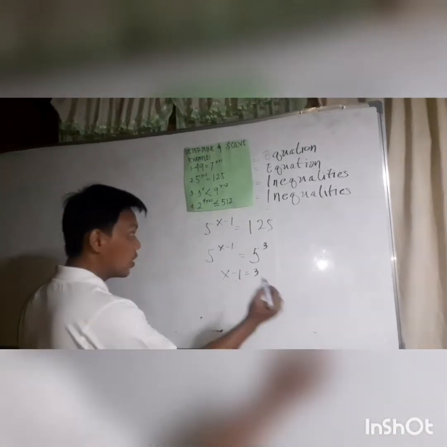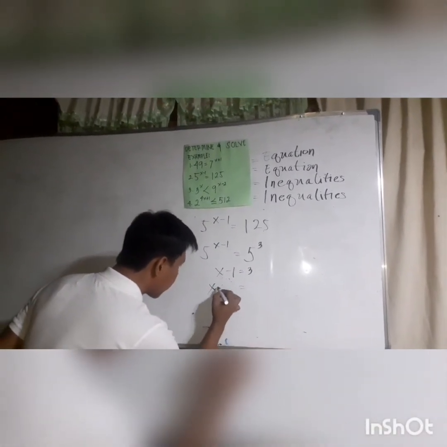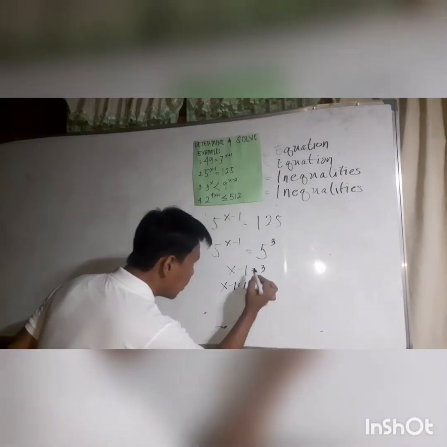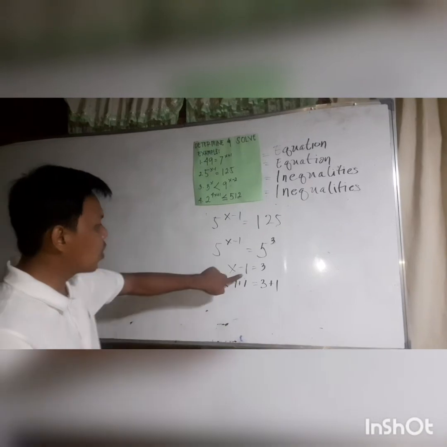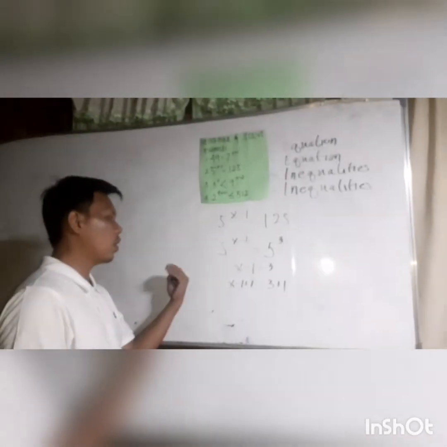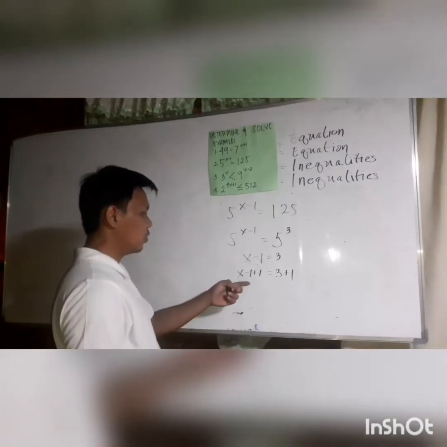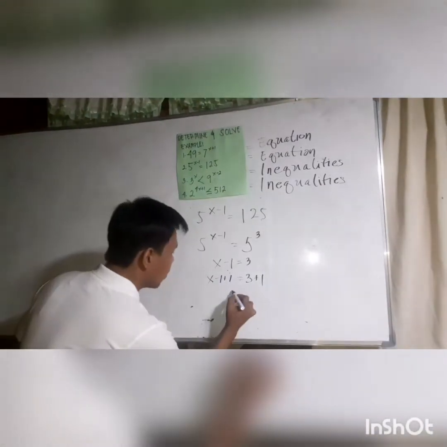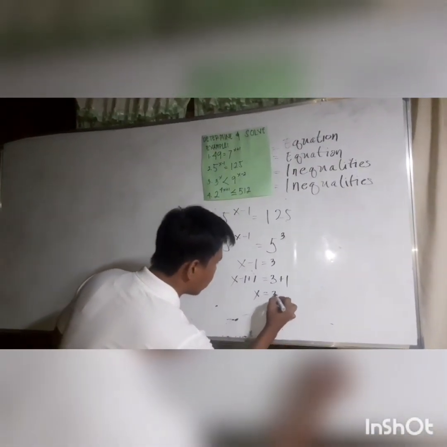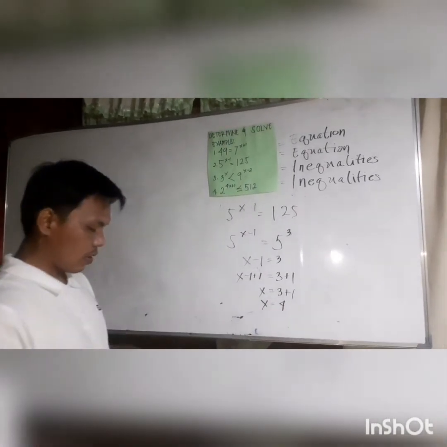So same with the process on the number 1, we should eliminate the negative 1 here on the right side, which is to make the x alone. So negative 1 plus 1 is equal to 0. That's why you get that x is equal to 3 plus 1, x is equal to 4.